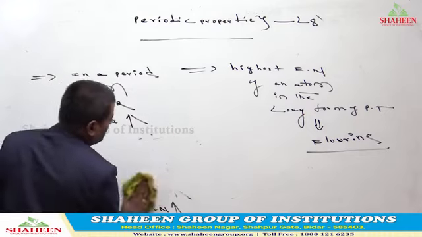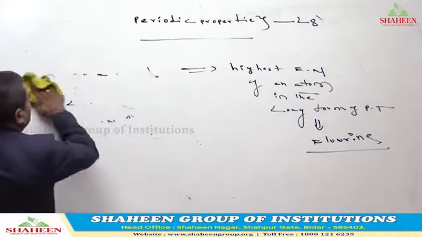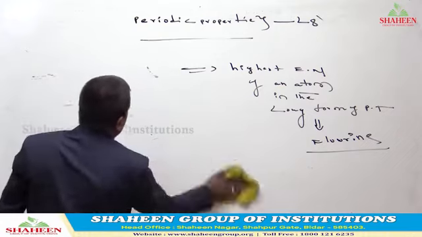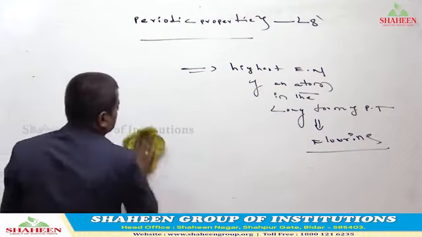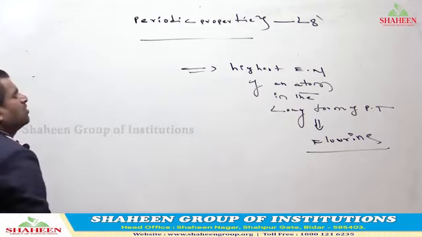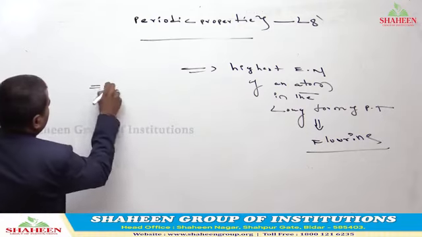The electronegativity of an atom is measured by using one scale, it is called Mulliken scale.